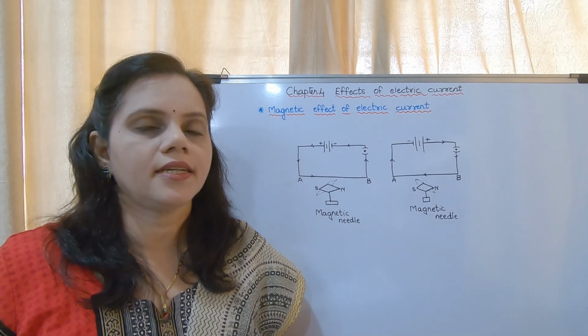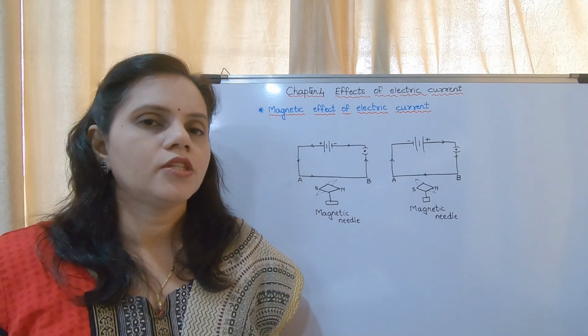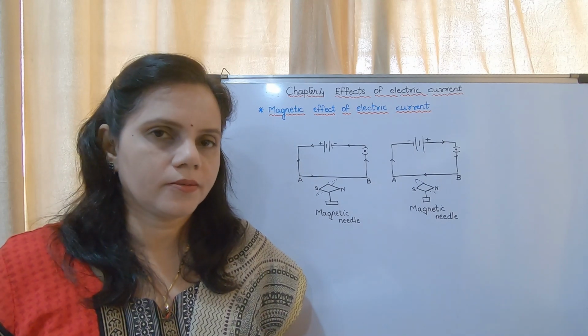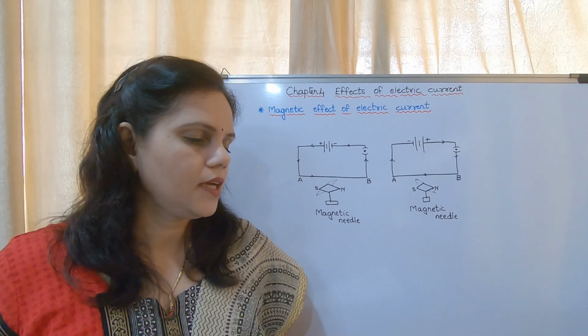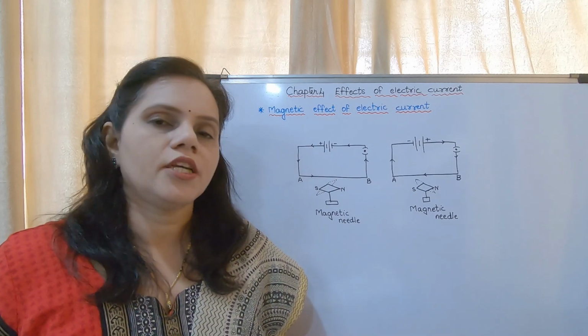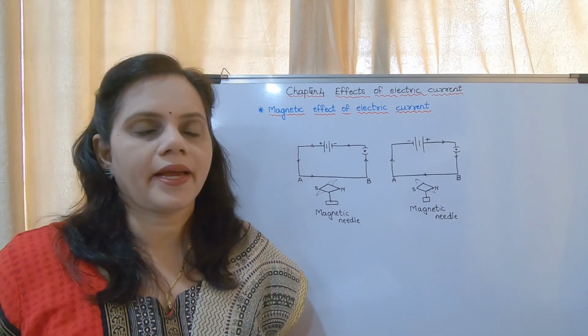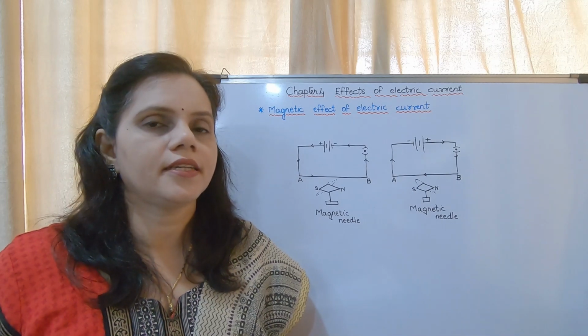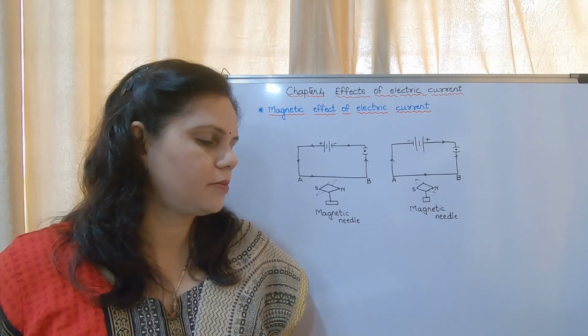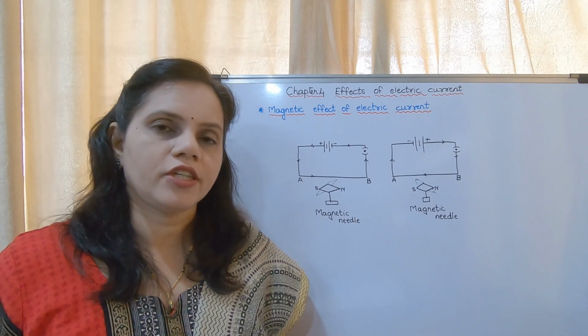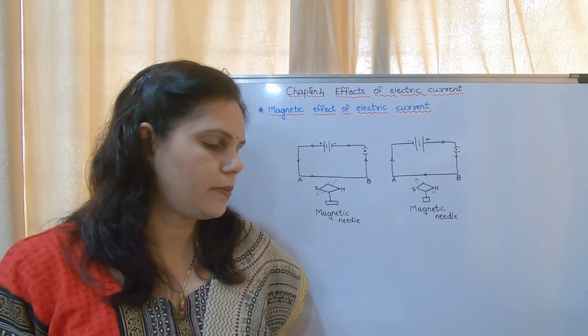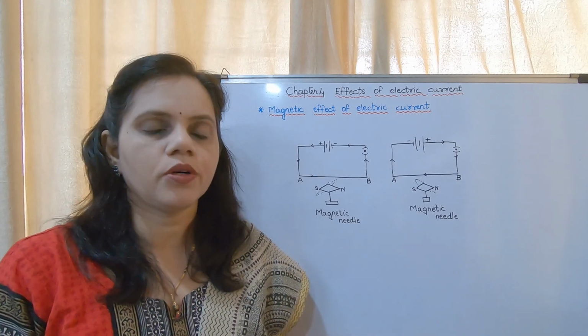You may mark that, it is a fill in the blank. According to his discovery, in his honor, the unit of intensity of the magnetic field is termed as Oersted. Have you understood the experiment? Okay, you may mark these things in your textbook.